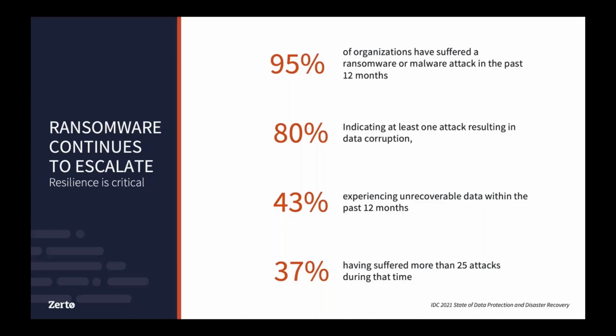That tells you that it's not a matter of if an attack will happen, but when. Then further, if you look at the details of that 95%, 80% indicated that at least one attack resulted in data corruption. And then 43% have experienced unrecoverable data within the last 12 months.